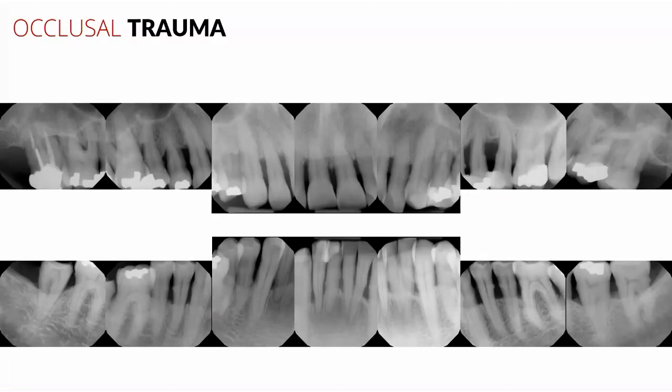What landmark would you look at to assess a normal bone level? CEJ. And that bone is maybe a millimeter or a couple millimeters just apical to the CEJ in a normal bone level, okay? So you can see some of these images clearly show, especially that upper left side, a lot of loss of that periodontal support.